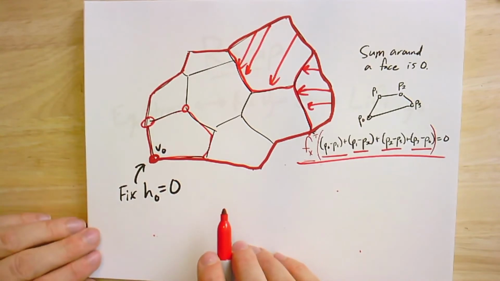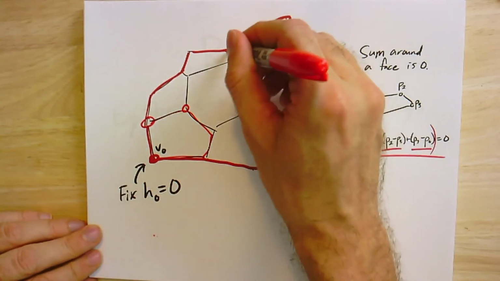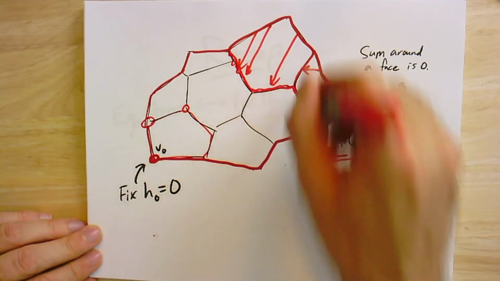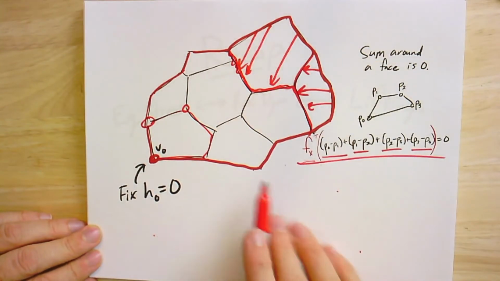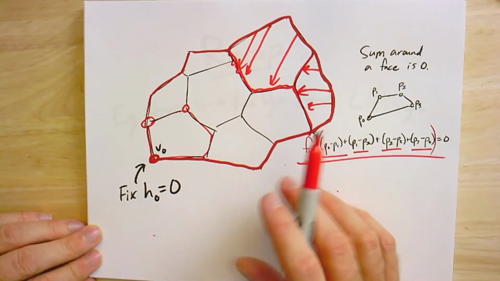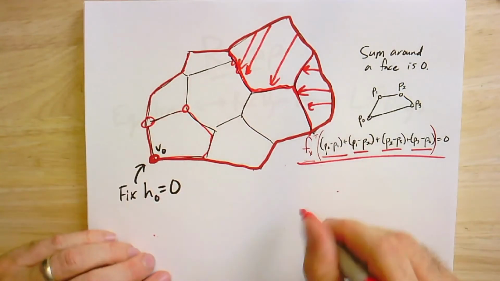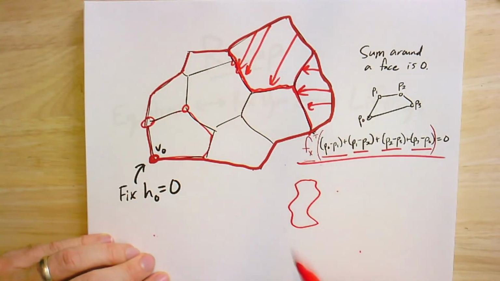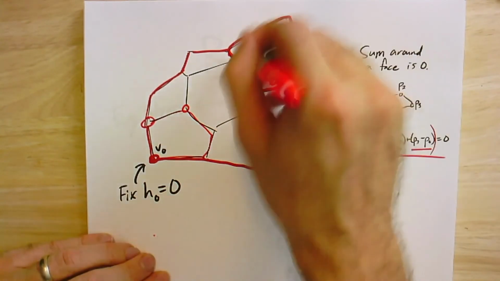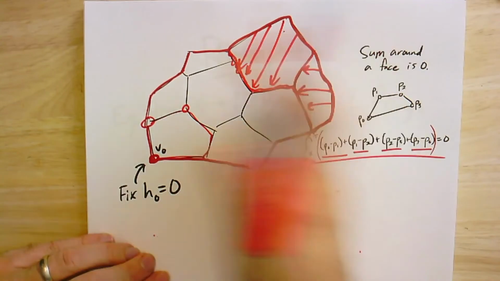So you may have seen this same kind of argument in a multivariable calculus class, except not done in this discrete way, right? Where it may be argued that some kind of closed curve could be contracted to a point. And here we're doing that contraction one face at a time.